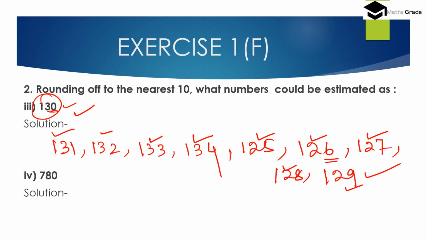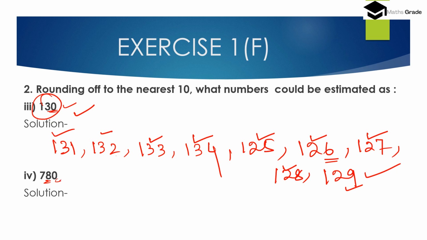Now the fourth bit, 780. Here if the unit place digit is less than 5, then the number will be 780. Here the tens place digit is 8 and the unit place digit is 0.